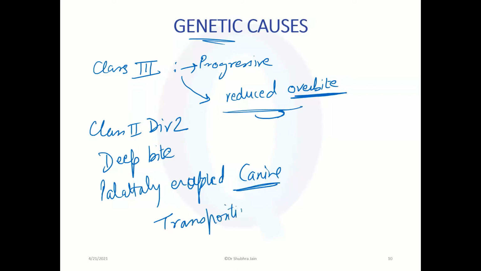Transposition is when teeth change their position, which happens in premolars, canine and lateral incisor, most commonly canine and premolar. So you need to remember what malocclusions are related to genes: class 3, class 2 division 2, deep bite, palatally erupted canines, and transposition.